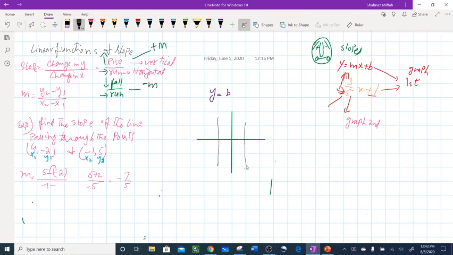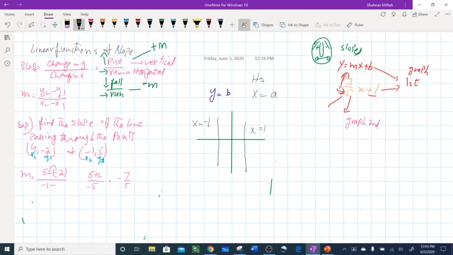That's my vertical line. Do you see it crosses through the x-axis? So my equation for this is going to be x equal -1, and this one is x equal +1. Like I can say x equal a.